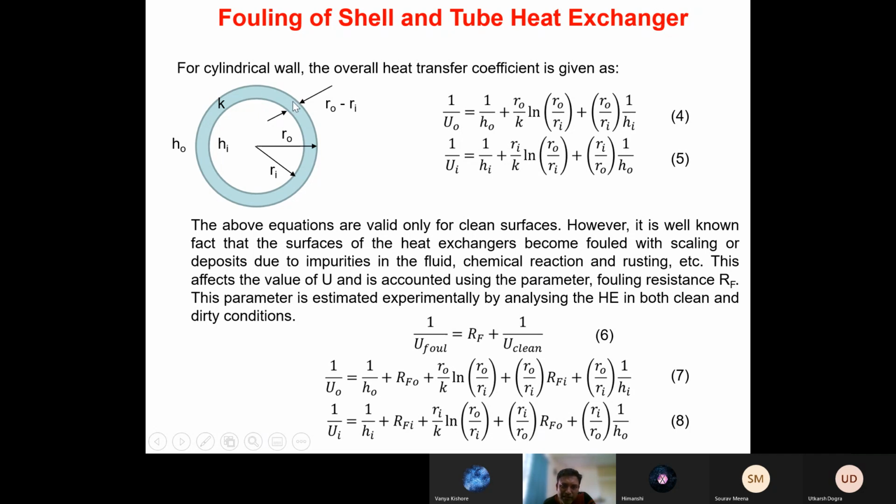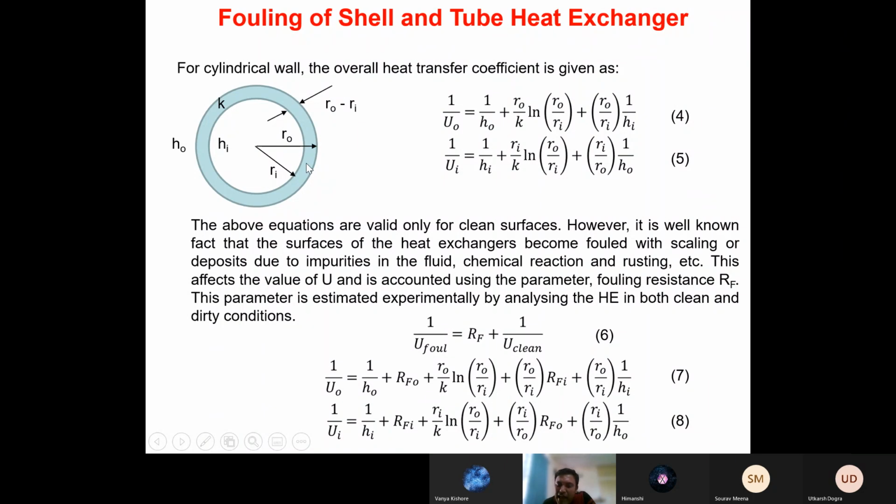So fouling taking place on the outside surface, plus this R0 by K ln R0 by Ri remains as it is. This last R0 by Ri 1 by Hi also remains as it is. But additionally, the fouling which takes place on the inside surface can also be accounted for through this R0 by Ri RFI, where RFI is nothing but the fouling resistance inside this tube.